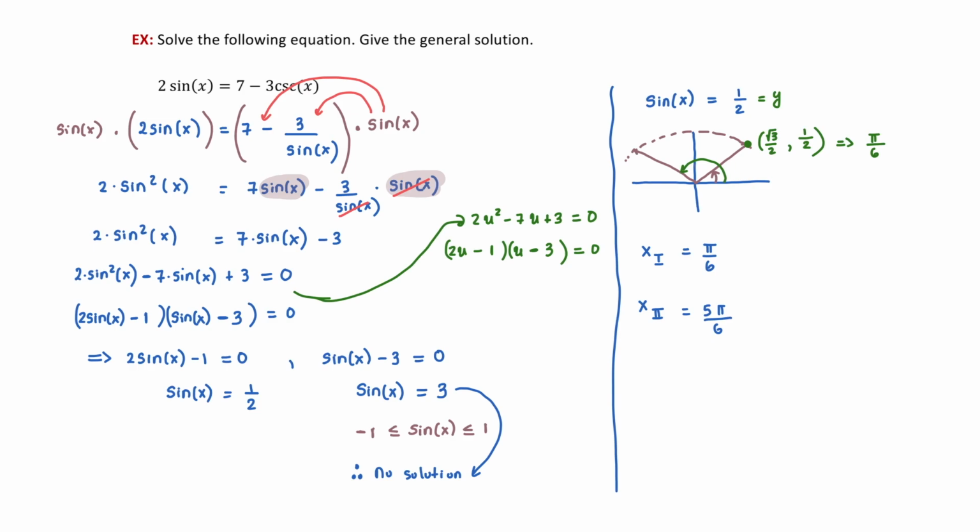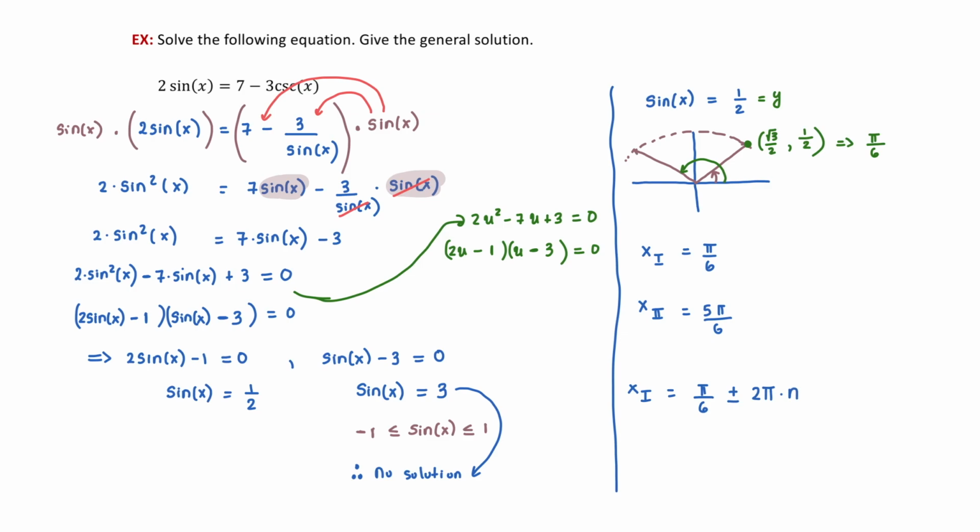But keep in mind, they ask for the general solution. Because the two terminal sides of the angles form a V, I'm going to have a general solution for each of those two angles. So the general solution, keeping in mind that the period of sine is 2 pi, for the first angle will be pi over 6 plus or minus 2 pi times n.